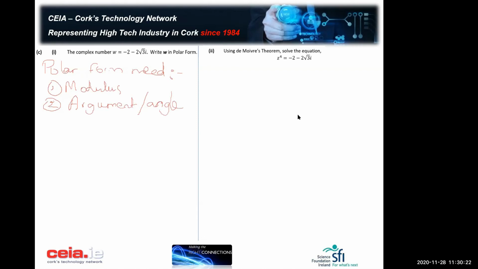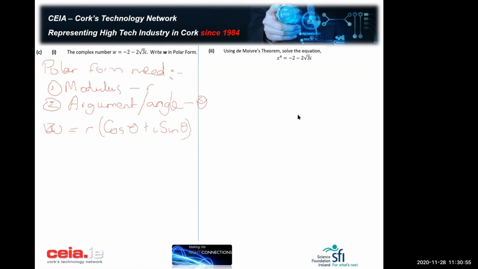So for a typical complex number, I'm going to call it z, or w, is equal to r times cos theta plus i sine theta. That's your typical polar form. So your modulus is the r, and your argument is theta. So how do we find those?